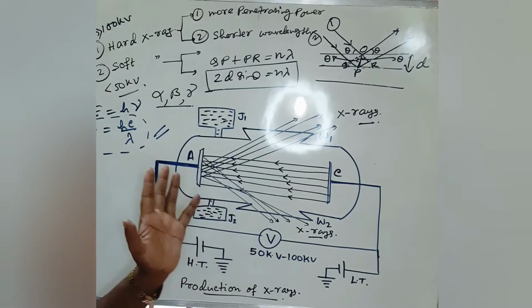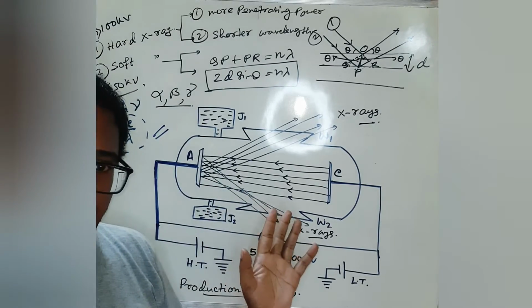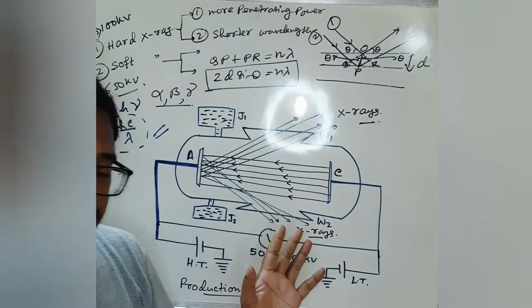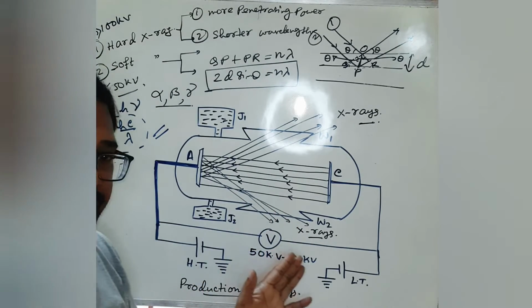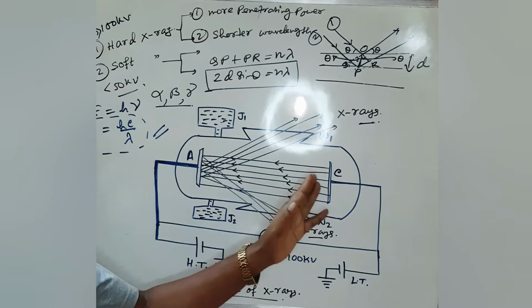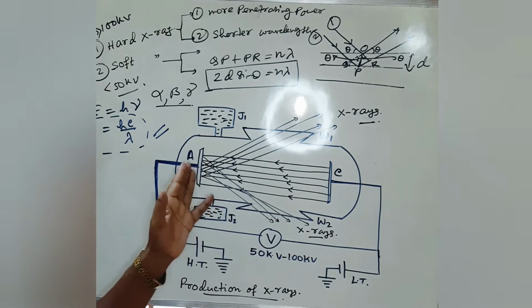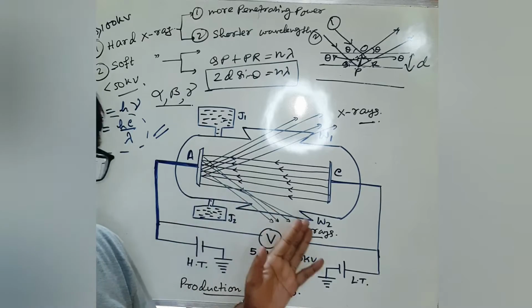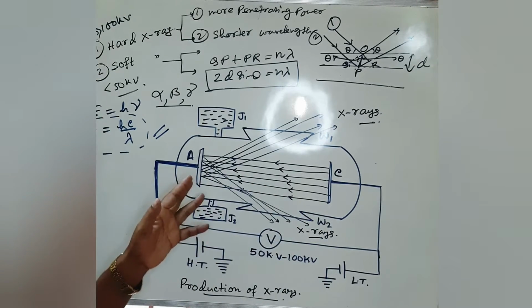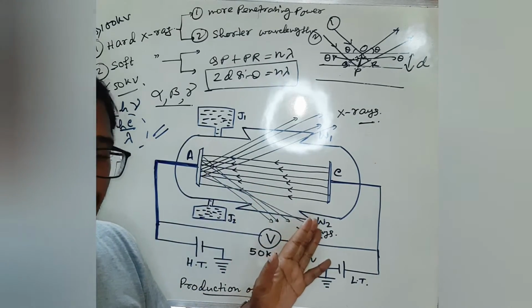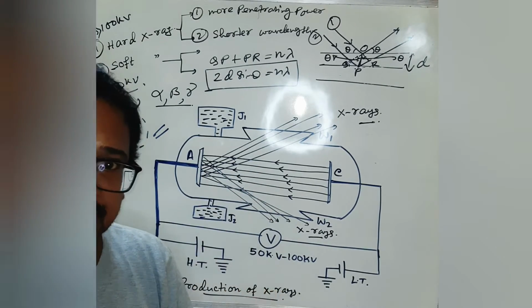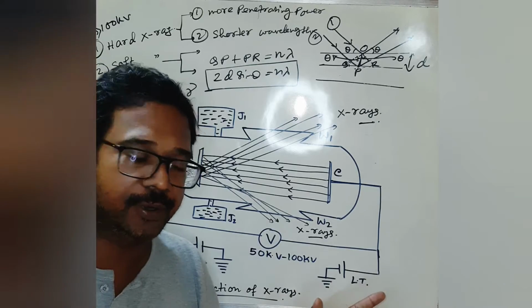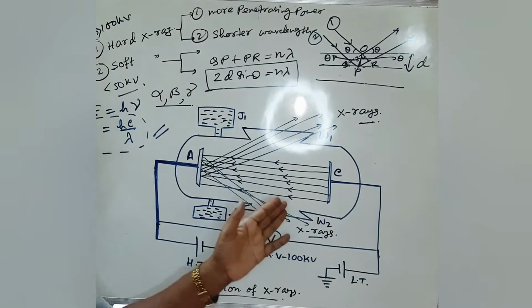So what is the case there? At a highly evacuated chamber, 0.01 millimeter mercury pressure, and a great potential difference, about 50 kV to 100 kV is applied, electrons come out of the cathode with tremendous speed and kinetic energy, striking the wall of the anode, resulting in generation of electromagnetic waves with very short wavelength and high penetrating power. These are called X-rays.